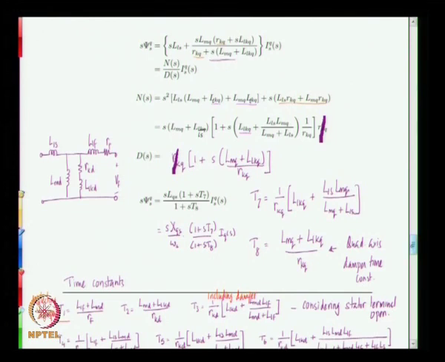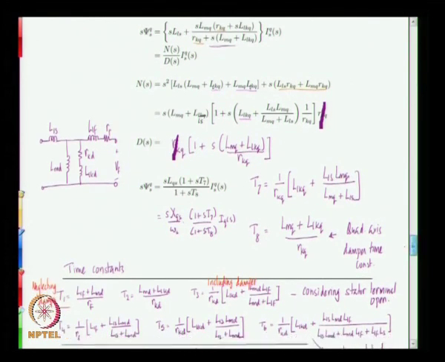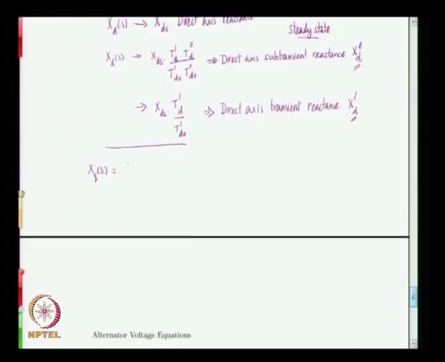and in this case we can define, similar to what we have done, we have defined an operational impedance, operational term xd of s. Similar to that we may define a new term xq of s as xqs multiplied by 1 plus st7 divided by 1 plus st8.